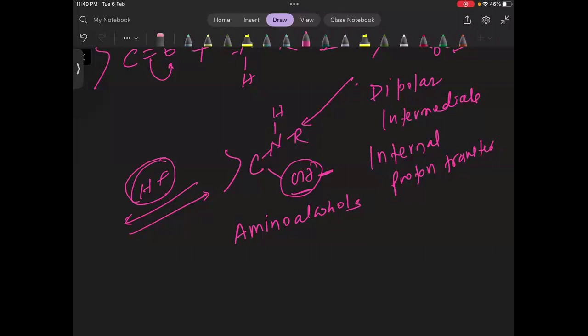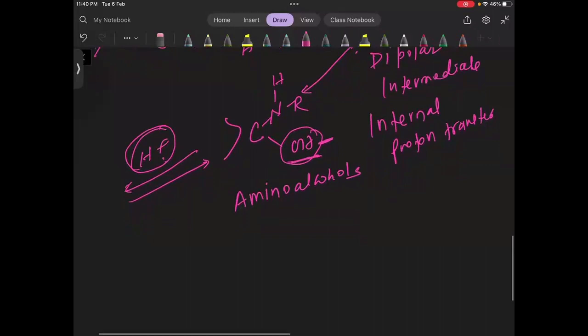OH is the poor leaving group, so H plus will generate a good leaving group. Correct? So C, N, H, R, OH, and H cation.